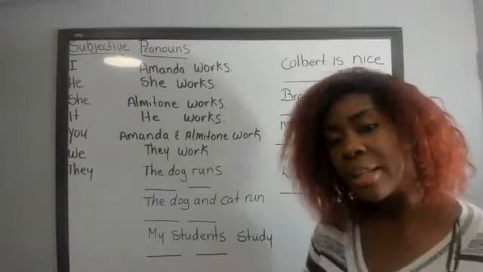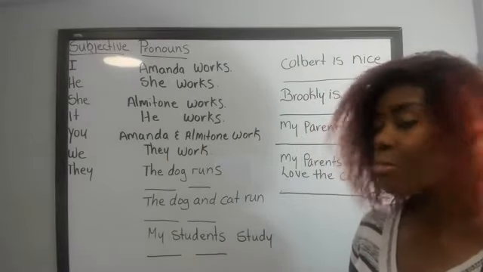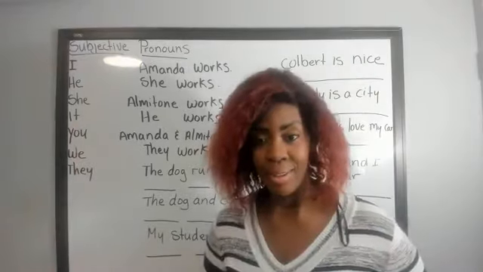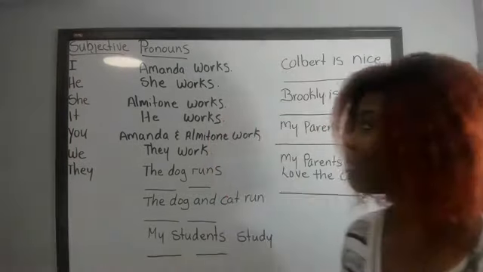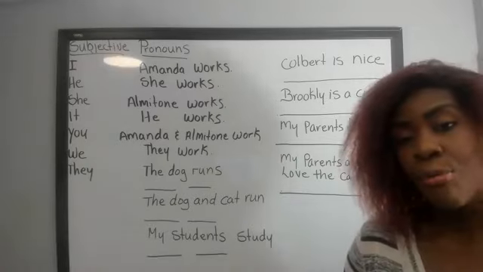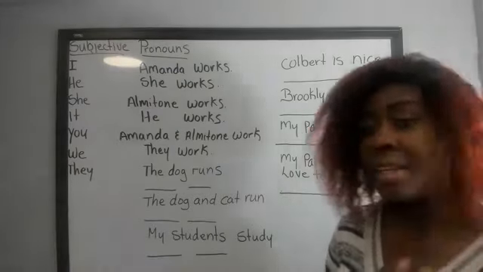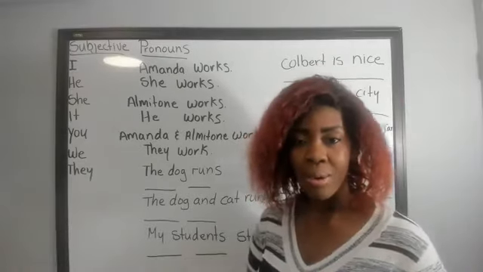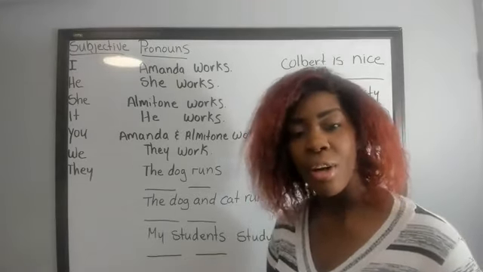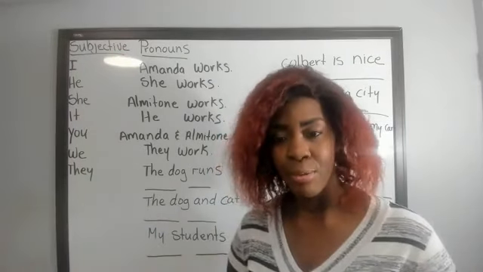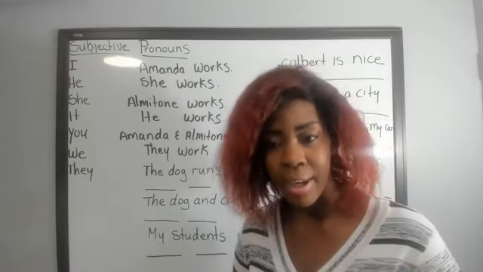When we're talking about subjective pronouns, we're talking about I for me, he for a man or for a boy, she for a woman or for a girl, it for a thing. For example, a park.